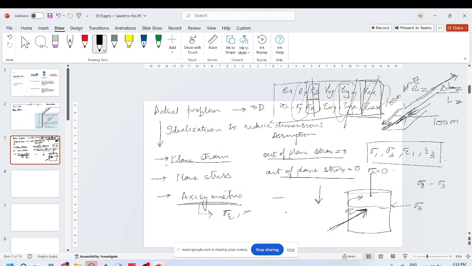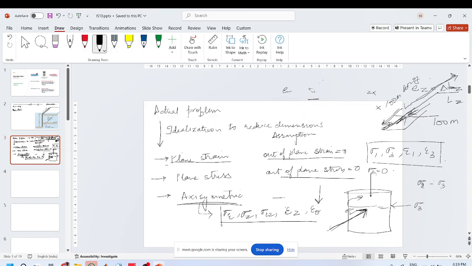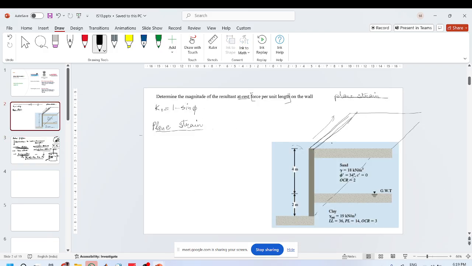Sigma r, sigma z, sigma rz, which is the hoop stress, and the epsilon z, epsilon theta. Okay, so basically I mentioned this because of defining this condition, that in plane strain condition, which we use in soil mechanics, like here, this wall, we are solving in 2 dimensions.